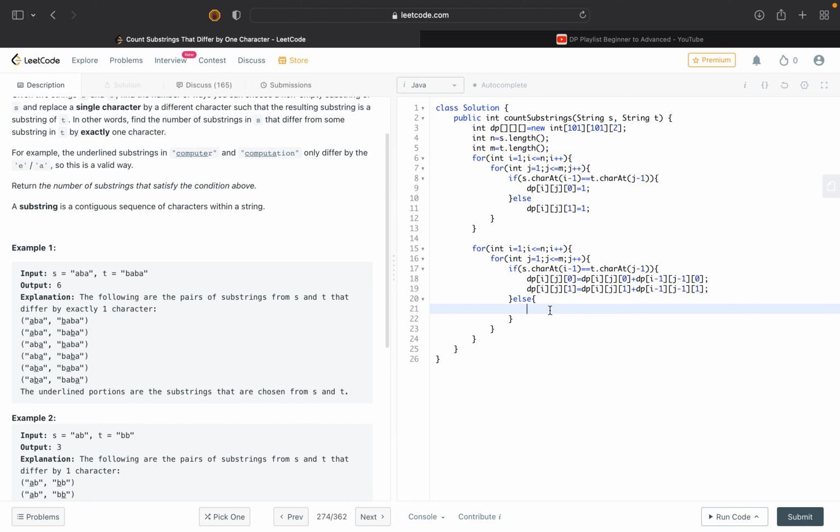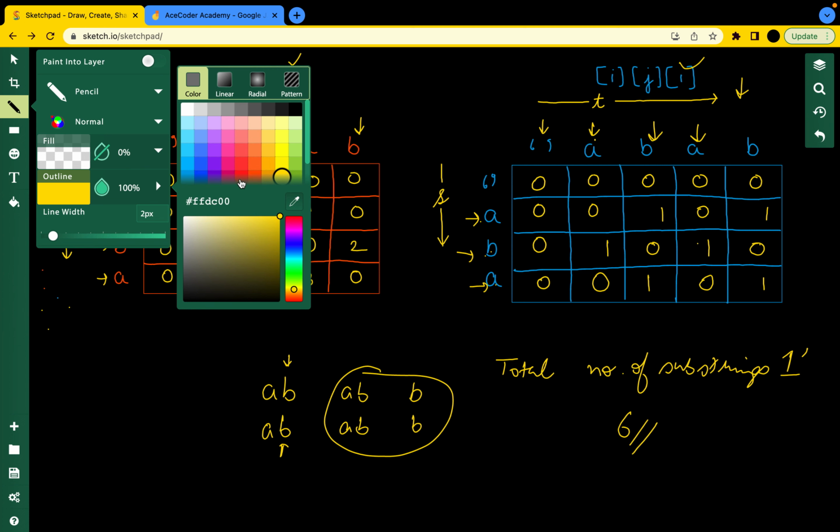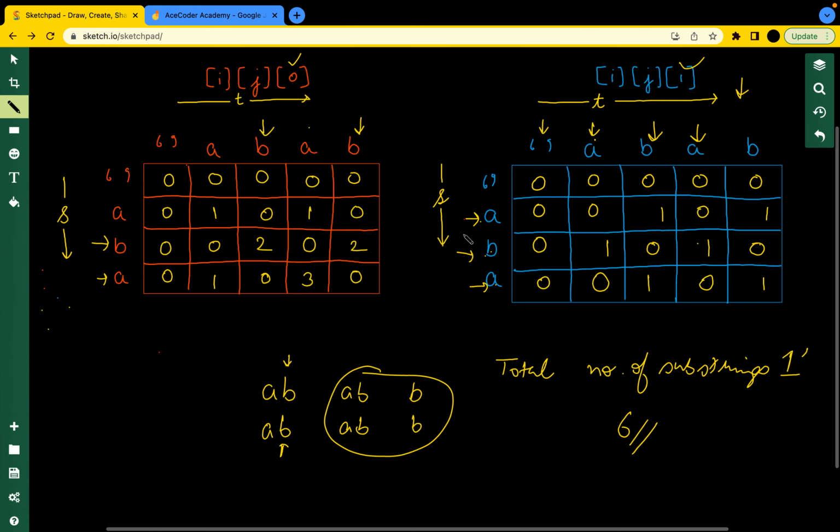And similarly, if they are not equal, this is the case I am taking here, like if these both characters are not equal, for example, this a is not equal to this b, right? So what is the total number of substrings that are possible that differ by only a single character? It will simply be 1, because these both characters differ, plus we will check the answer for these values.